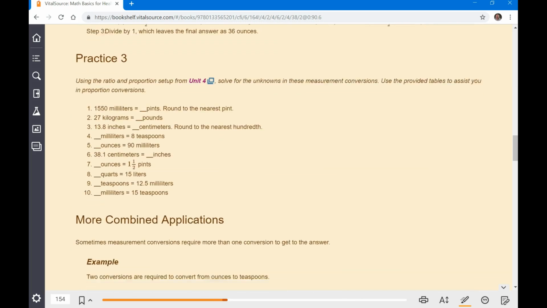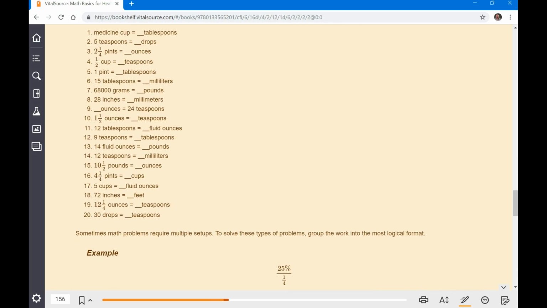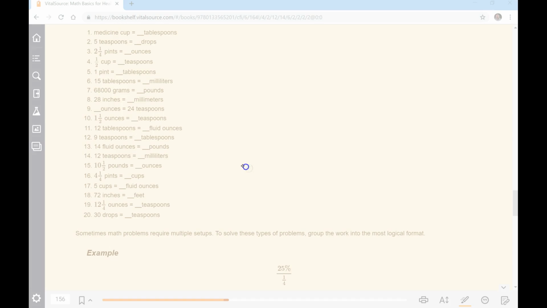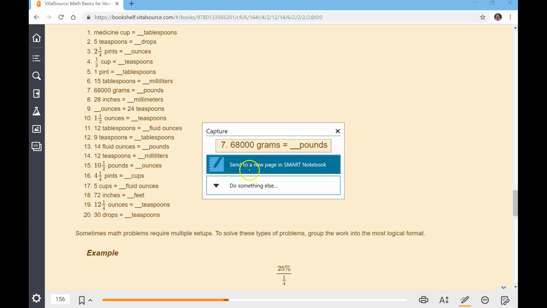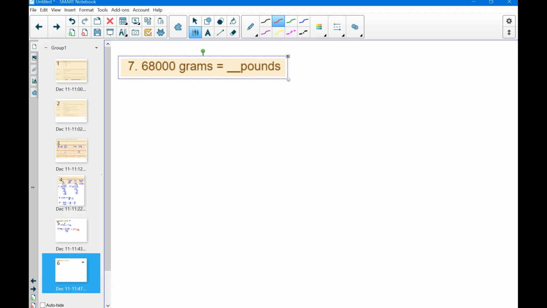Okay, look at this one here. This one I was looking for exactly. Number 7: 68,000 grams, how many pounds?